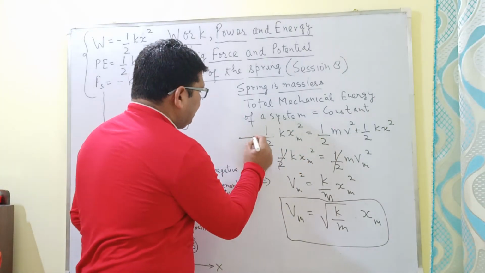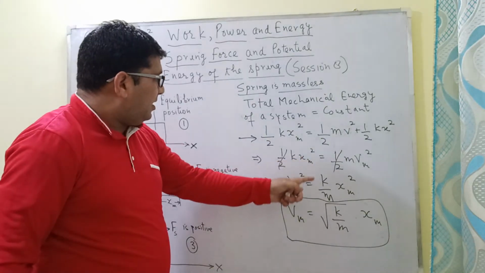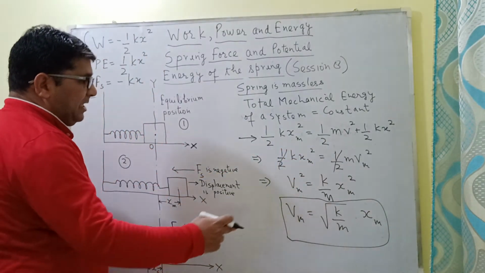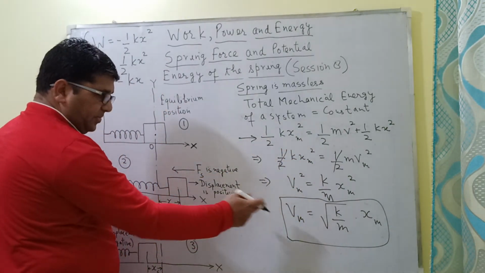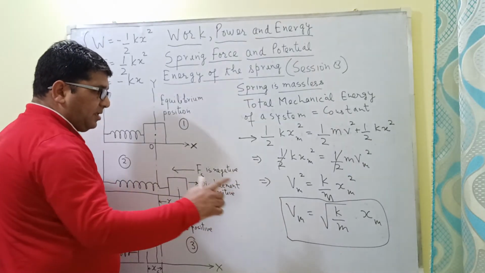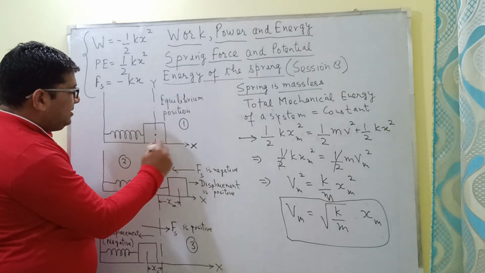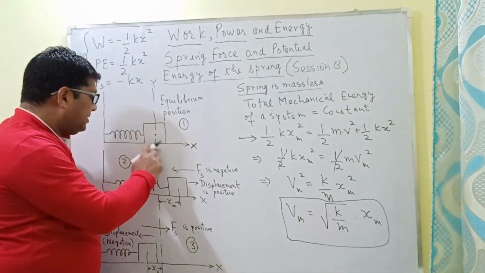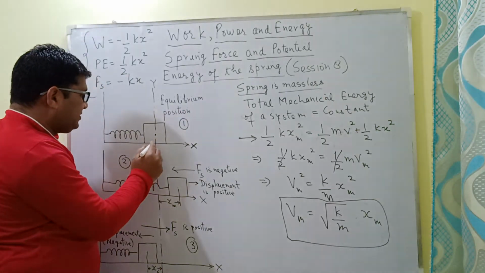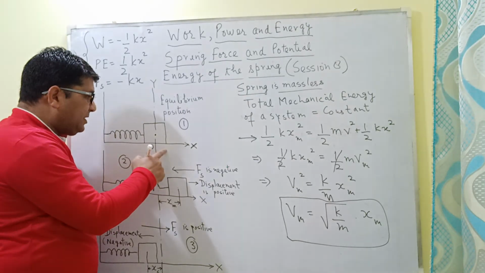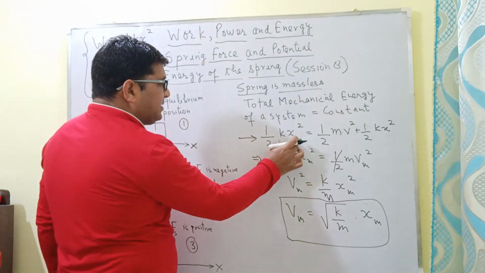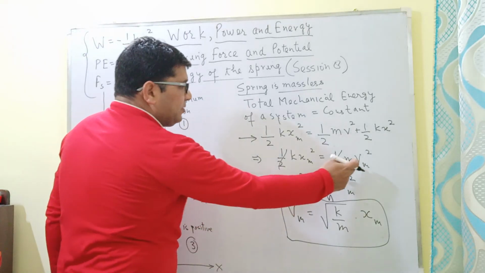From this equation, I have also calculated the maximum velocity of this block, considering the fact that this block will attain the maximum velocity when it reaches the equilibrium position, that is this point O. At this point, the entire potential energy will get converted into kinetic energy.